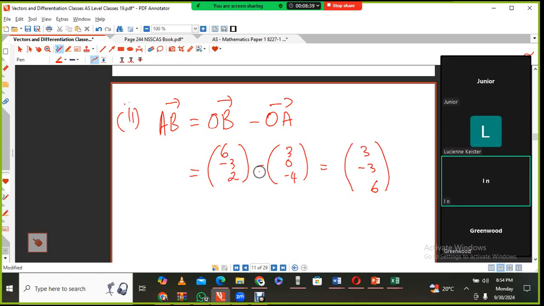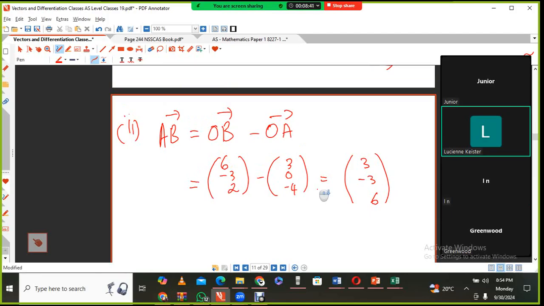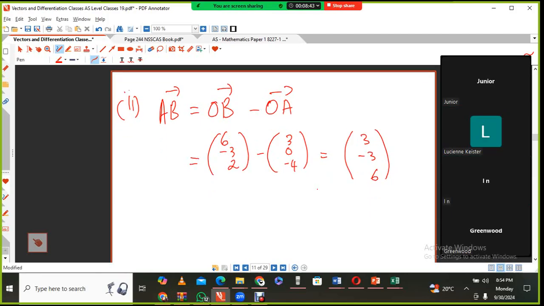You agree? Okay. So what we are now told is that the magnitude of AB is equal to the magnitude of OC.